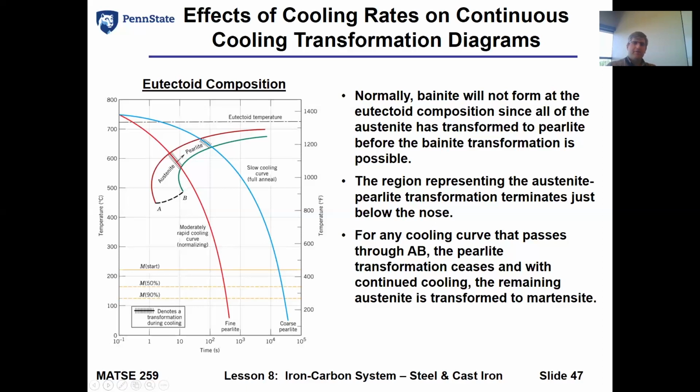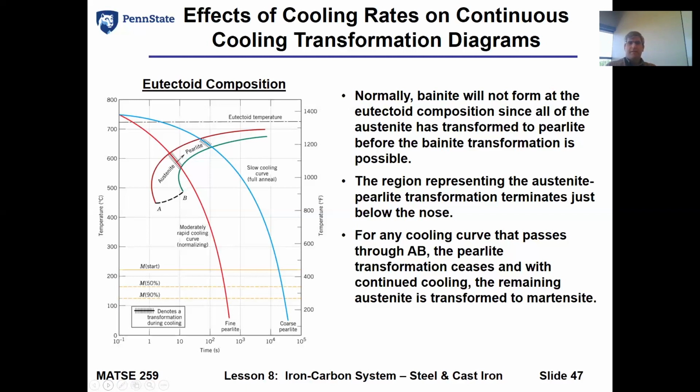But when we start looking at continuous cooling, what we're really trying to think about is, how quickly can I cool or run this material through a cooling cycle in order to start forming martensite, or 100% martensite. That's our big differentiator here between continuous cooling and time temperature transformations.